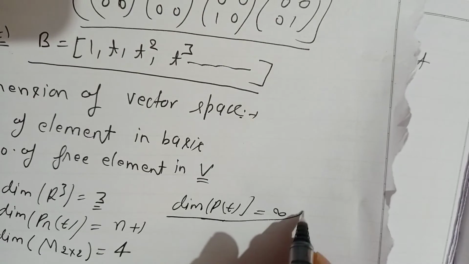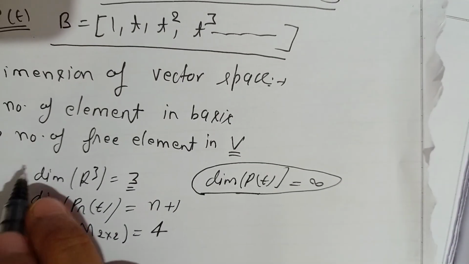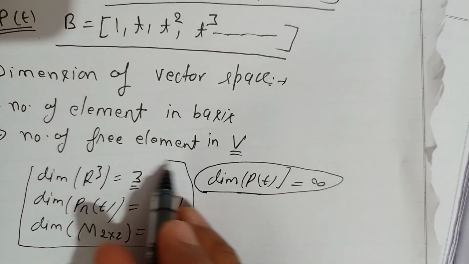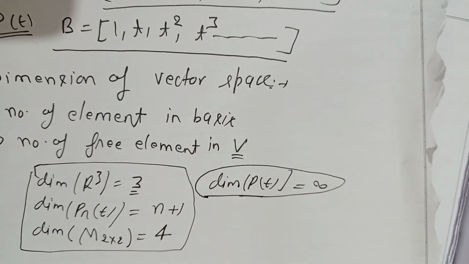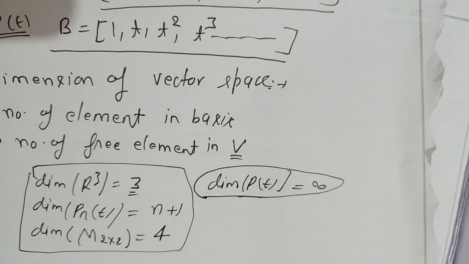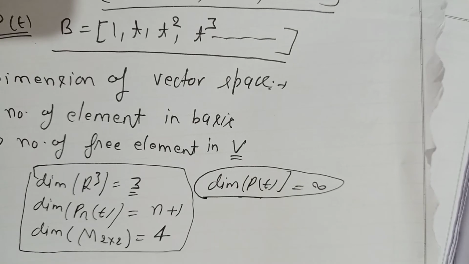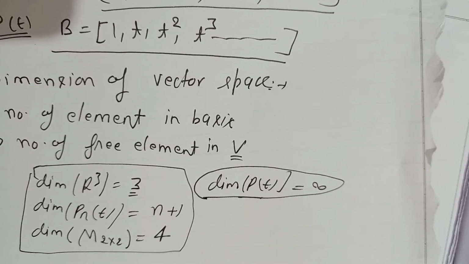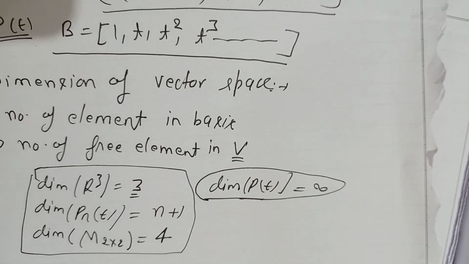So this is called an infinite dimensional vector space, and these others are finite dimensional vector spaces. So there are 2 types of vector space, one which has finite dimension and the second which has infinite dimension. Here P(t) is an infinite dimensional vector space because the number of elements in the basis is infinite. Fine.